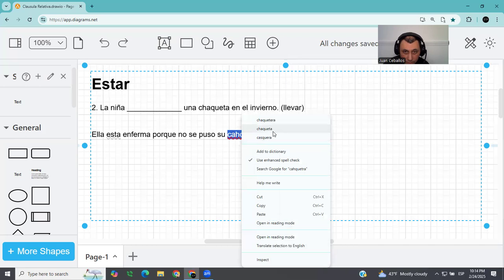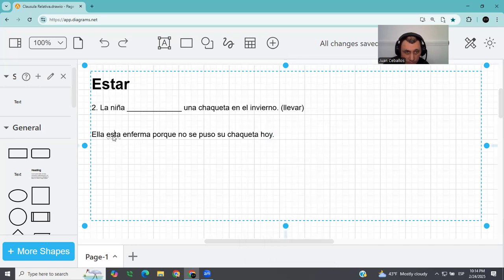This is how we use the verb. Ella está enferma porque no se puso su chaqueta hoy. She is sick because she didn't wear her jacket today. You see, today is a more precise time. I'm not saying in the winter, I'm saying today. In this case, I can use estar. Okay.